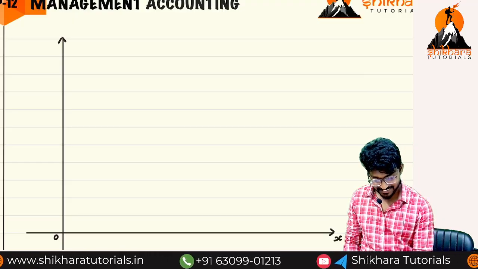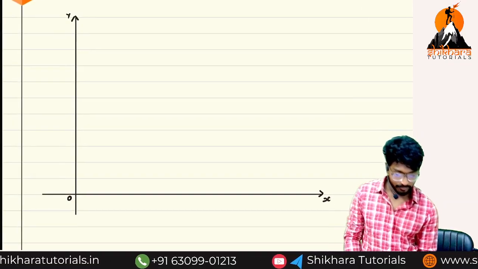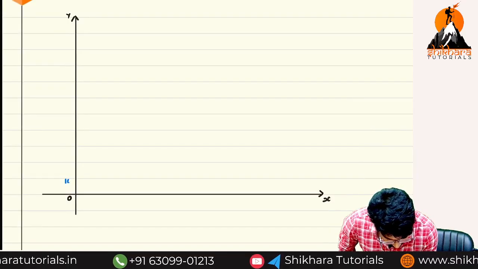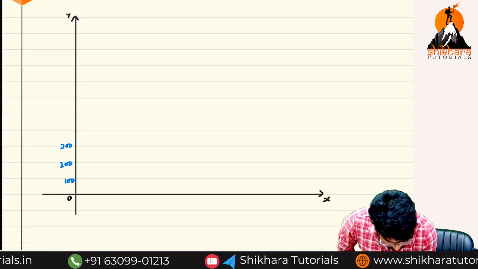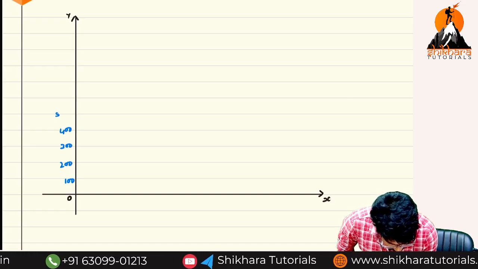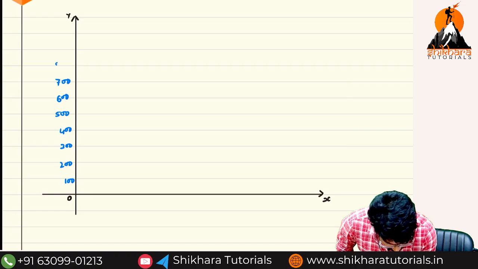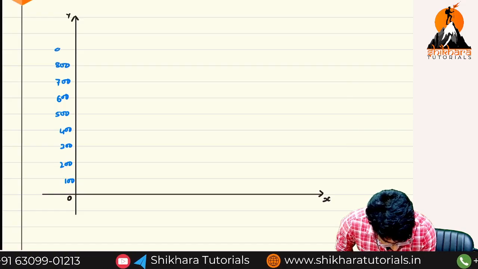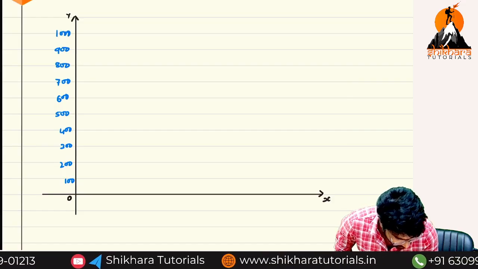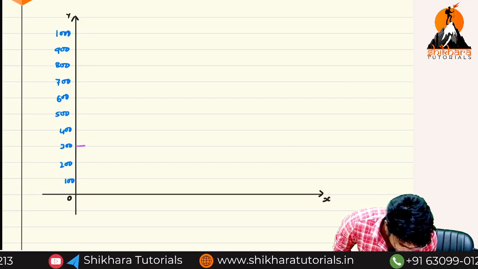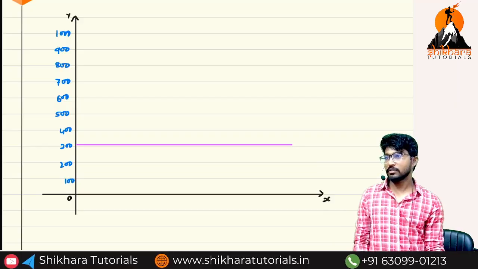This is the Y axis. Now, 100, 200, 300, 400, 500, 600, 700, 800, 900, 1000. Our fixed cost is 300 only, am I correct?